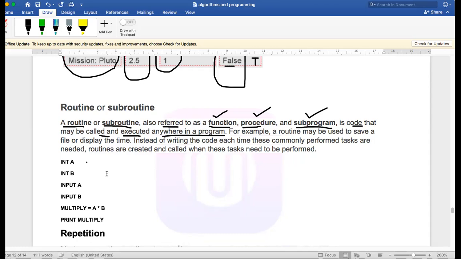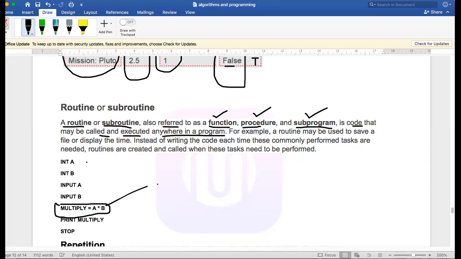So you can see in this program, we are going to multiply the values. The function, procedure, or subprogram here is multiplication, the function required by the user, and that function is already stored in a library of the program.